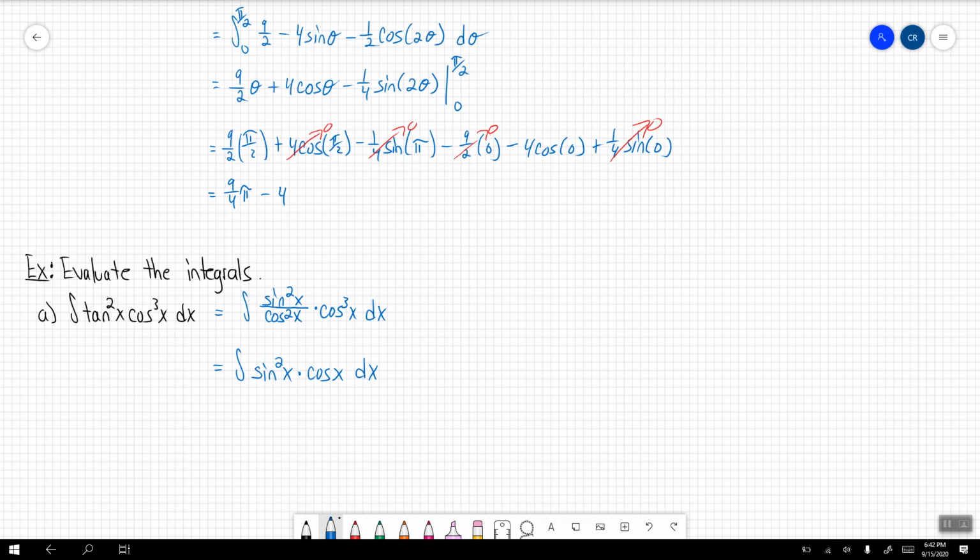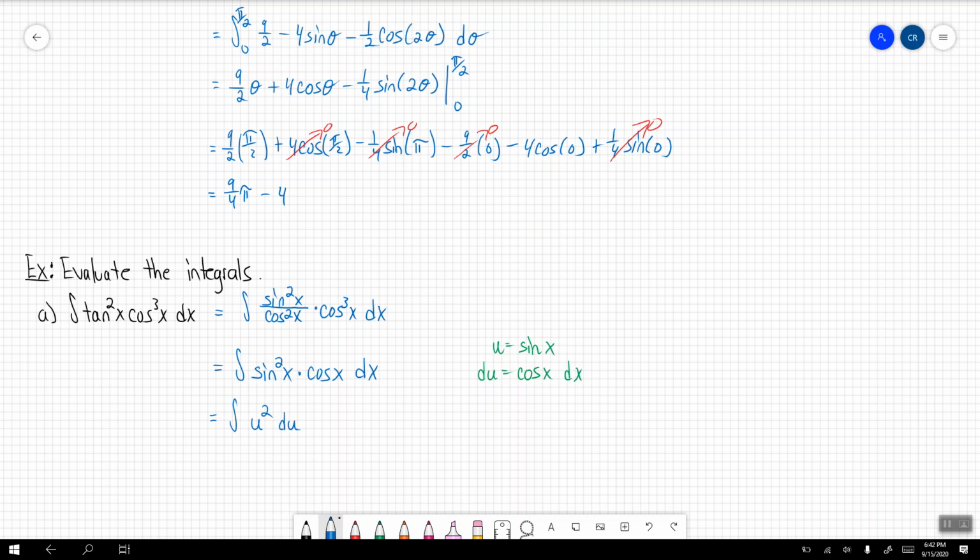And in here, all we need to do is make a really quick substitution. We're going to call u equal to sine of x, and therefore our du will just be cosine of x dx. In that process, sine squared of x is going to be u squared, and cosine x dx is just du.